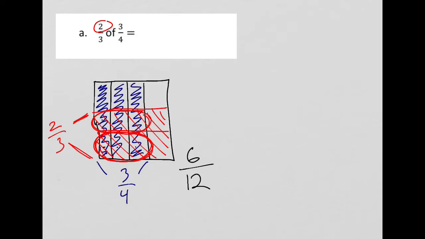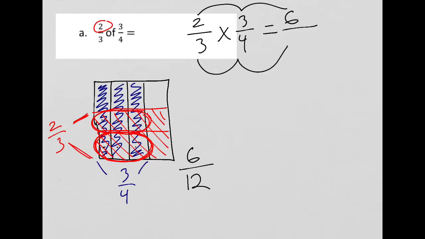Now I'm going to check that with the numerical expression. 2/3 of 3/4, we know that the "of" is the same thing as multiplication. So 2/3 times 3/4 is going to be my equation. So 2 times 3 is 6, and 3 times 4 is 12. So I end up with 6/12, which is the same answer.